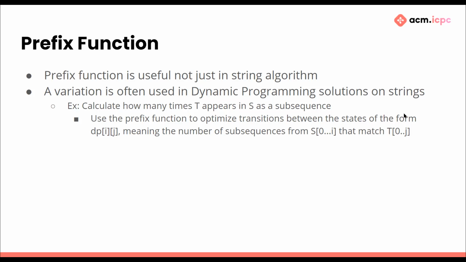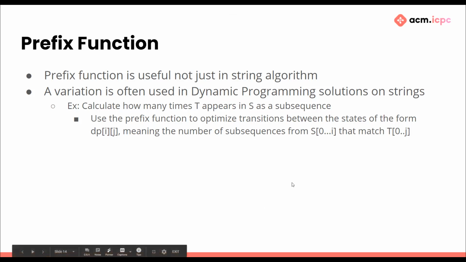So we can use dynamic programming to solve this problem. And to speed up the DP, we can use the prefix function to optimize the transitions between these states. But I won't focus on the solution for this problem because that is more focused on dynamic programming. But if you're curious about it, I could explain it after finishing this presentation.